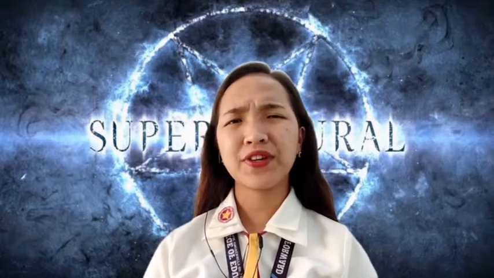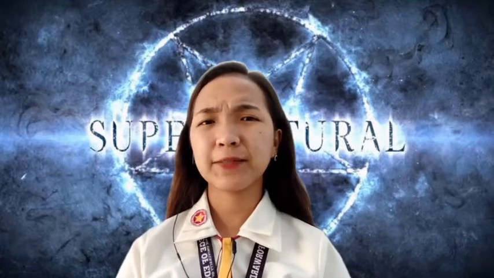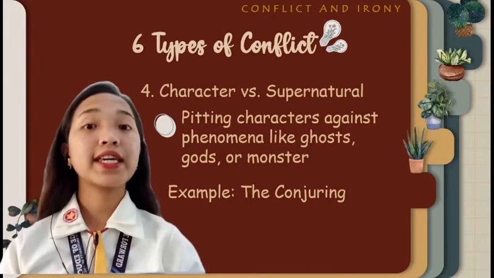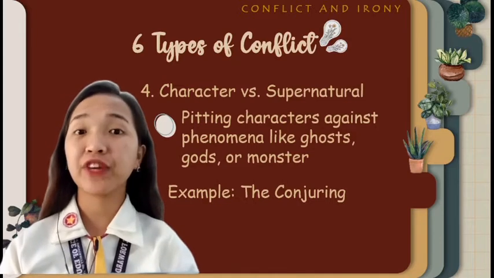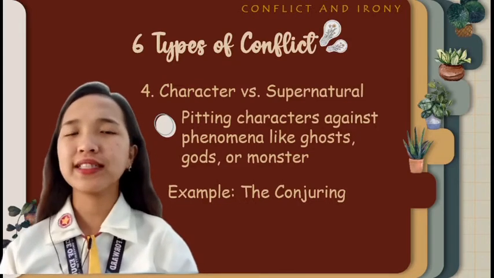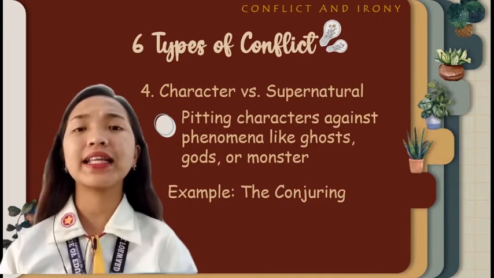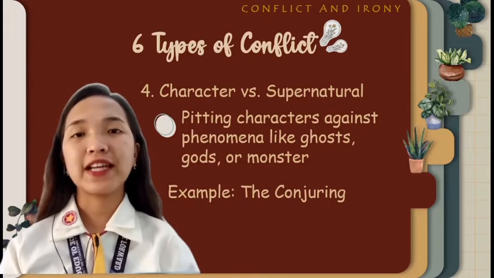So when we say supernatural, it is caused by forces that cannot be explained by science. So when we say character versus supernatural, it is pitting characters against phenomena like ghosts, gods, monsters, raises the stakes of a conflict by creating an unequal playing field. So it means that the conflict arises from unnatural sources.